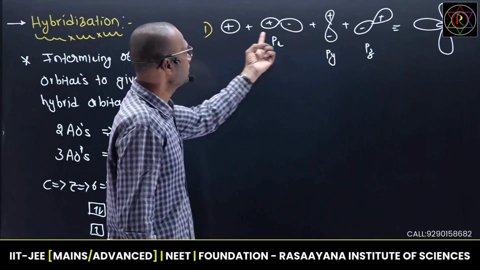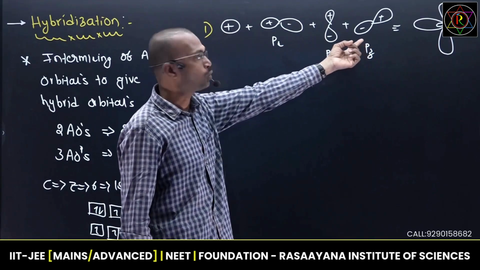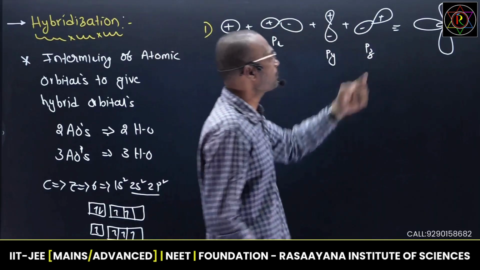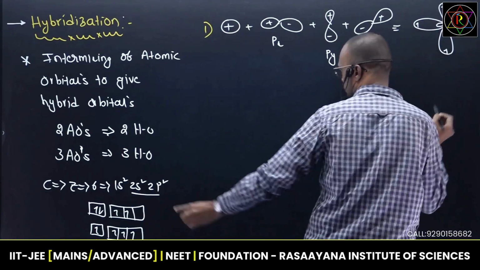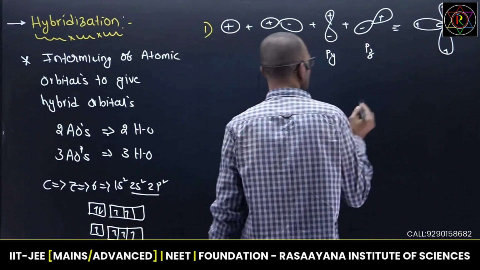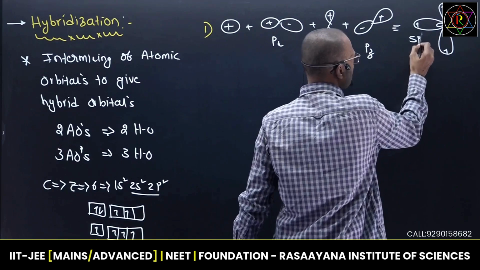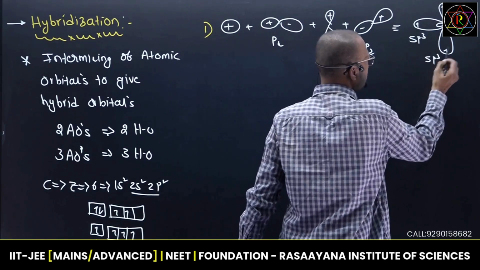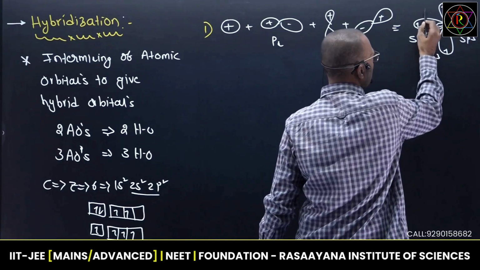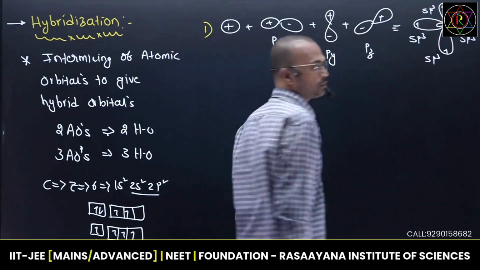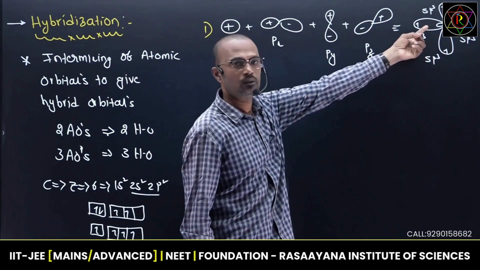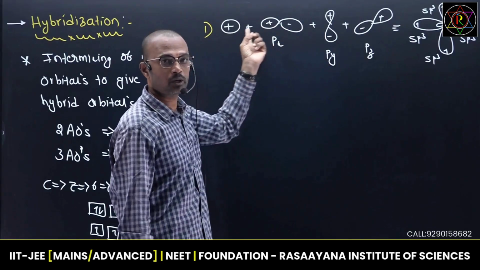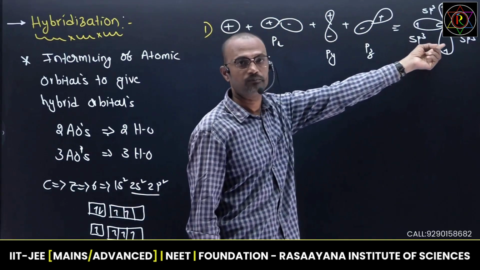One s orbital and 3 p orbitals are combining, a total of 4, so you get 4 hybrid orbitals with 1 electron each. So a total of 4 free electrons are present. Each is an sp3 hybrid orbital. A total of 4 hybrid orbitals are present on this carbon.